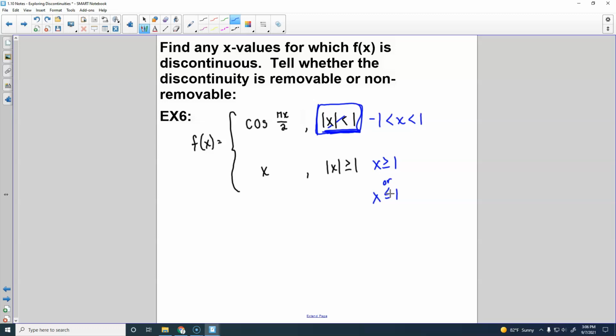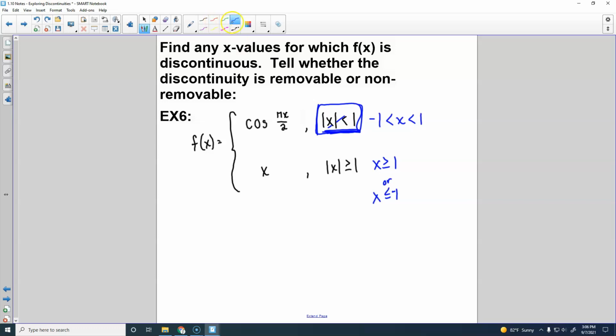Right, because if you take an absolute value of a number, it could be either one. So the absolute value of -2 is 2. The absolute value of -5 is 5. Those are bigger than 1.